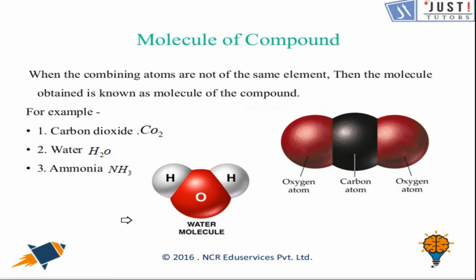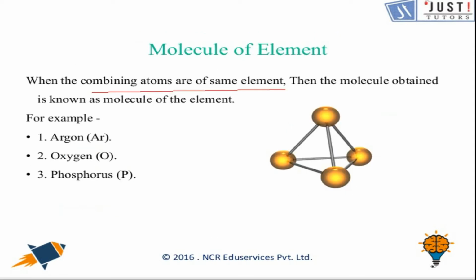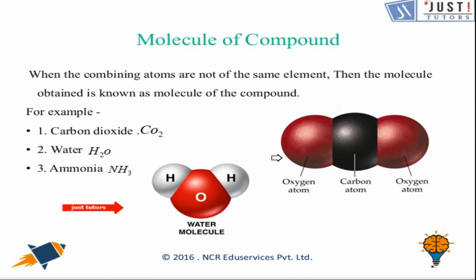You can see we have used the same color of circle, so they all represent the same atom. Proceeding further, this slide talks about molecule of compound. When the combining atoms are not of the same element, the molecule obtained is termed a molecule of compound. That's quite the opposite of the molecule of element. There the atoms are of the same type, but in a compound they are different. In the first picture, we have one atom of carbon and two of oxygen, and that makes the compound carbon dioxide.